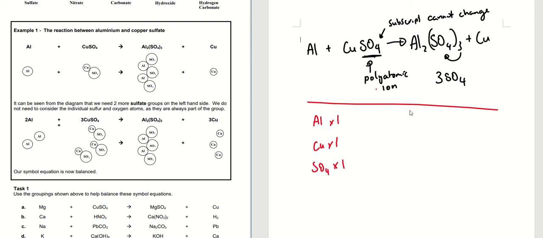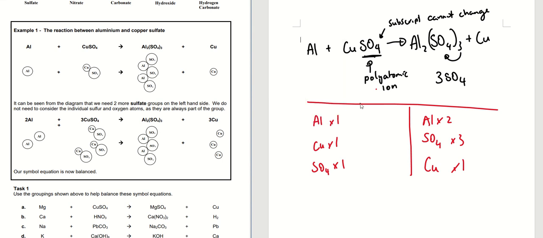On this side, we have 2 aluminiums, 3 sulfates, and 1 copper. So if we have any issues with balancing, let's quickly look at what we have. Clearly we have too many on this side, not enough on this side here.